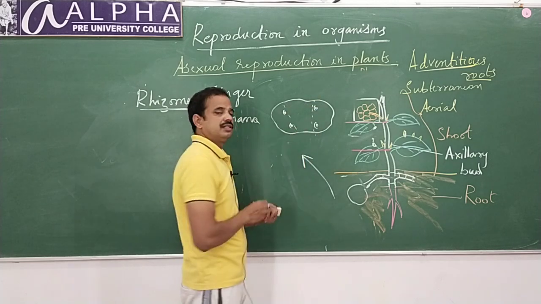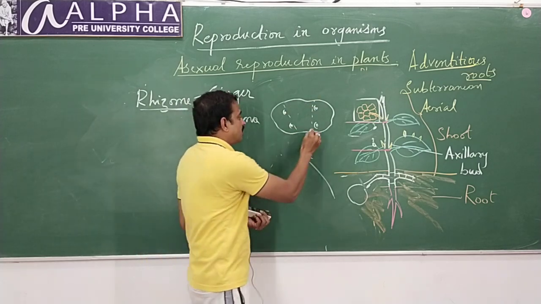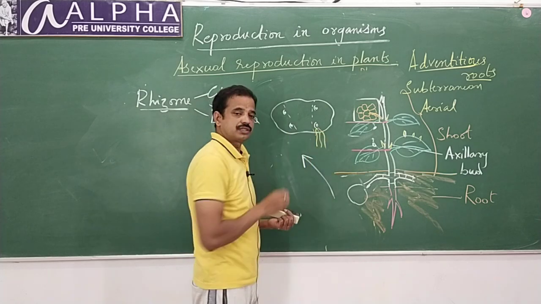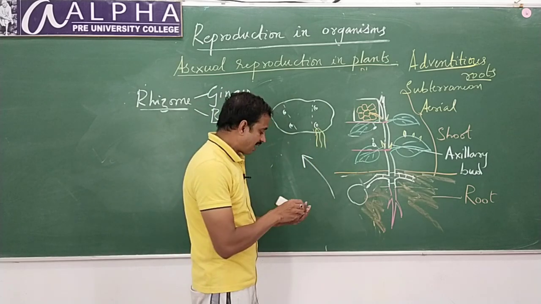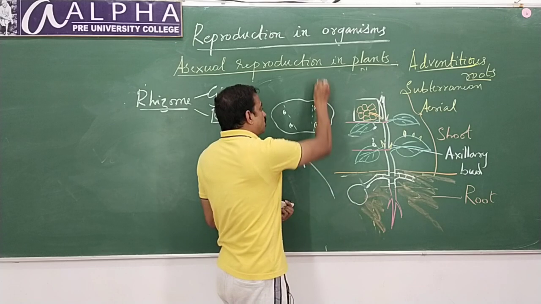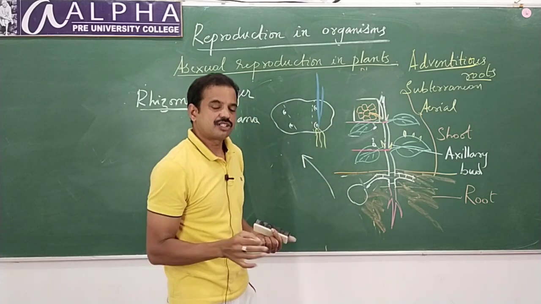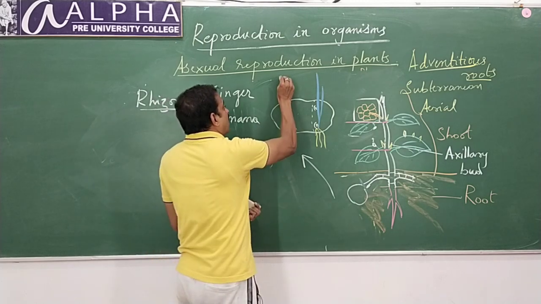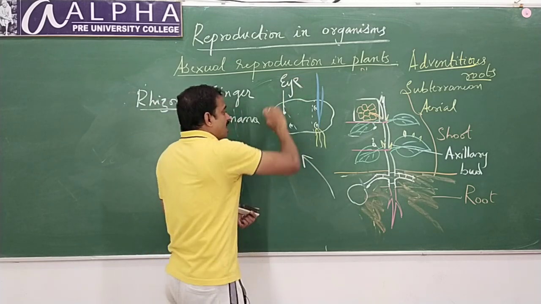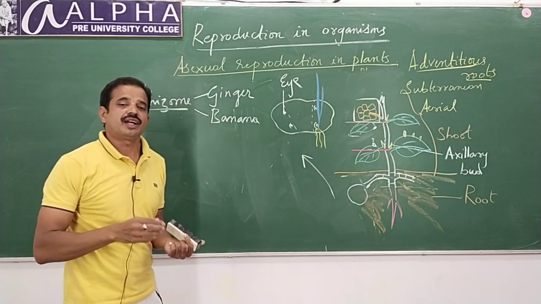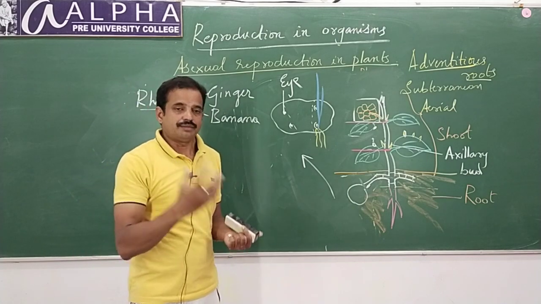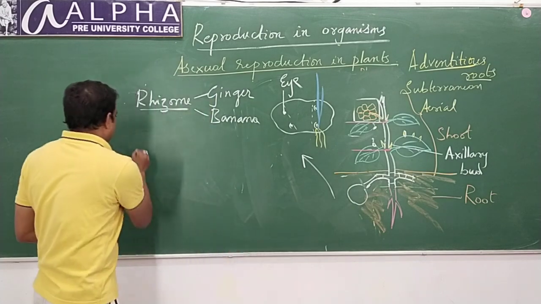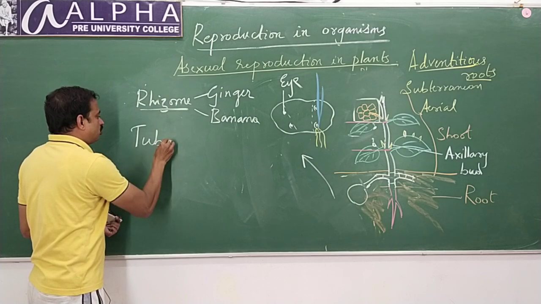This is the nodal point. And these axillary buds can give rise to roots, and this axillary bud can also give rise to a shoot like this. This axillary bud over this structure, we call an eye. And this entire modified underground stem we call a tuber. It is a tuber.